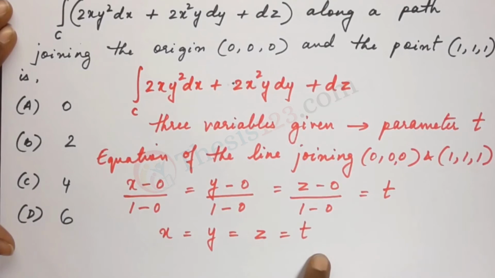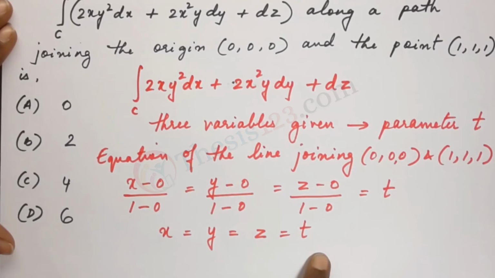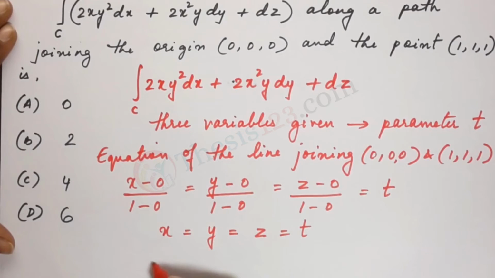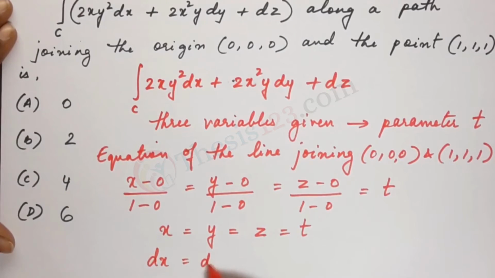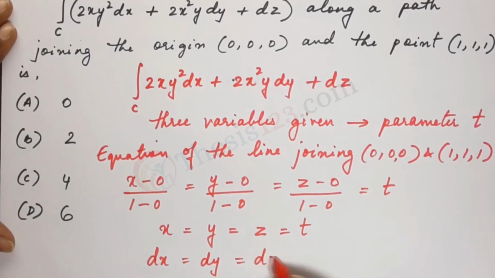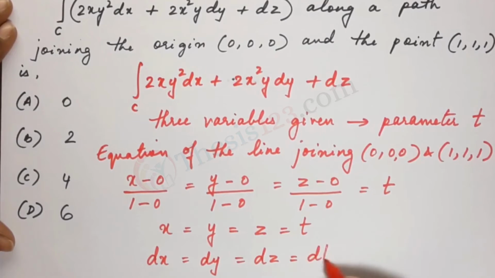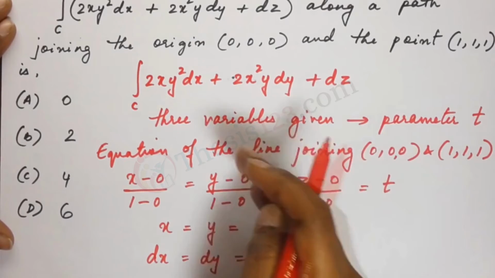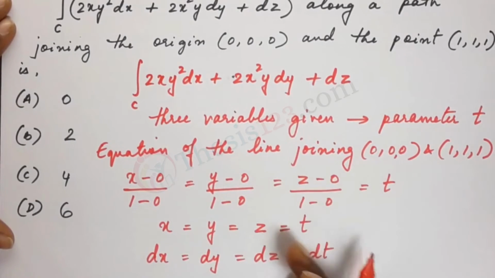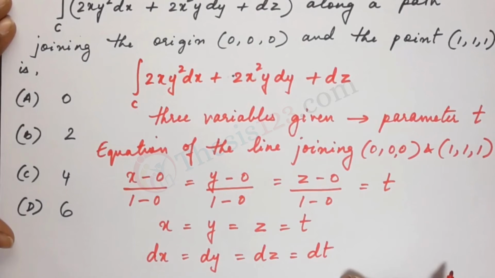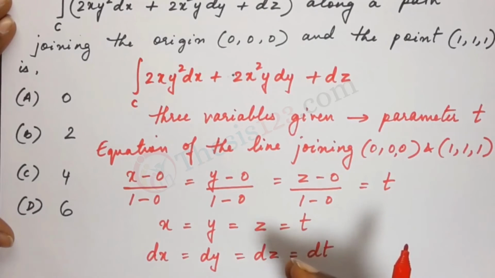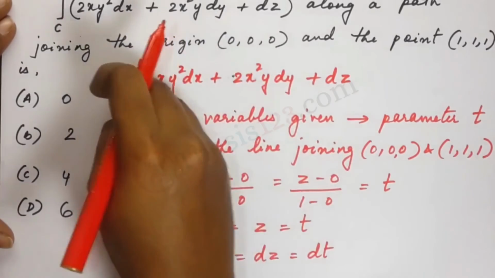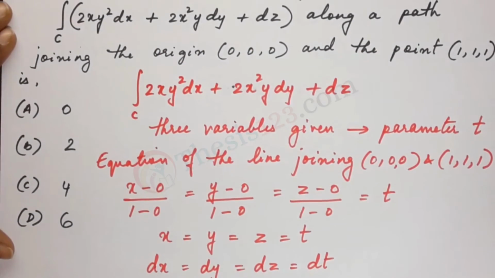And if we were to find the derivative, we get dx is equal to dy is equal to dz is equal to dt. So now that we have the three variables in terms of the parameter t and dt, next step is to substitute these into the line integral given to us.